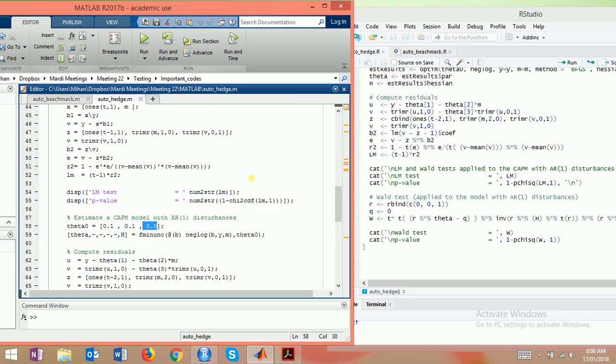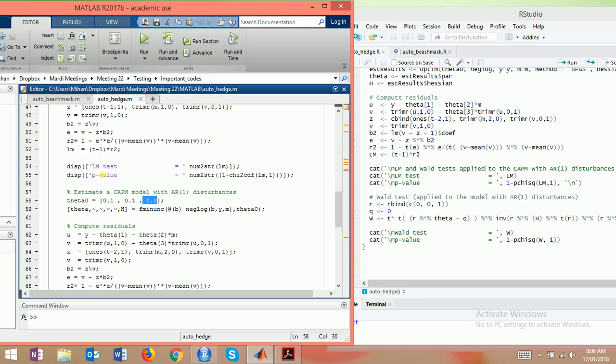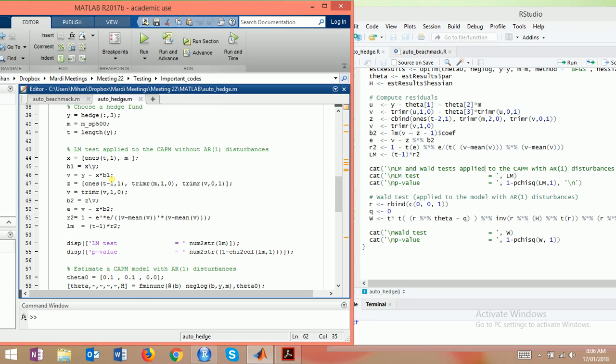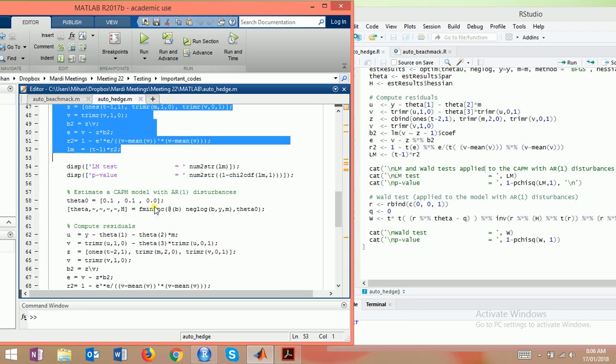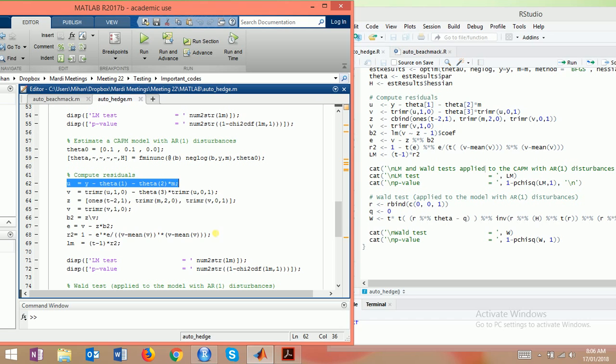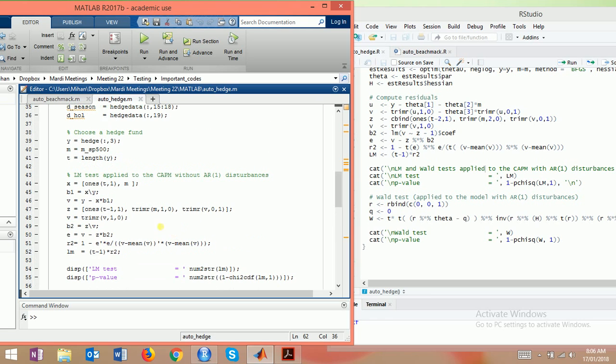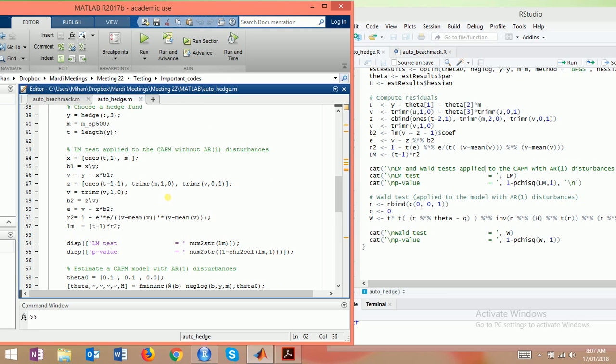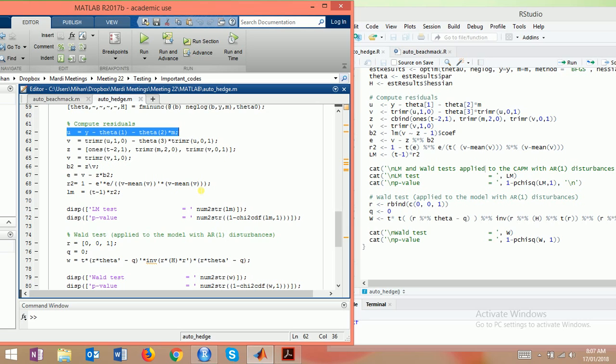autoregressive one, and in between, see, X, Y, and V. You have U, equation of U. Equation of U was not there. That's the only part. AR1 disturbance, but equation of U is used here. So this is the only part that is different, and everything else you did in the previous portion. So basically that's it.